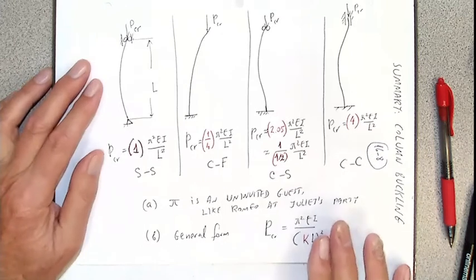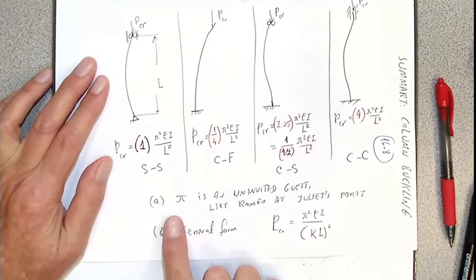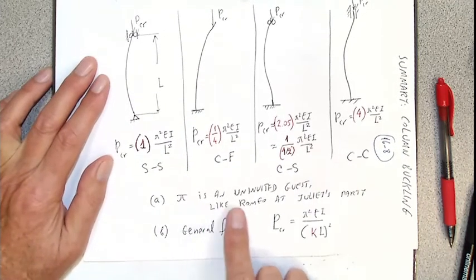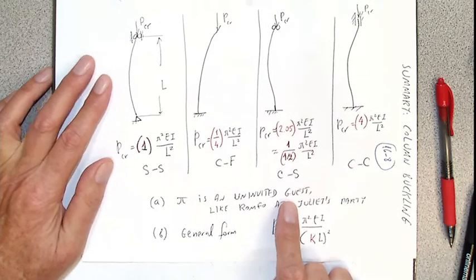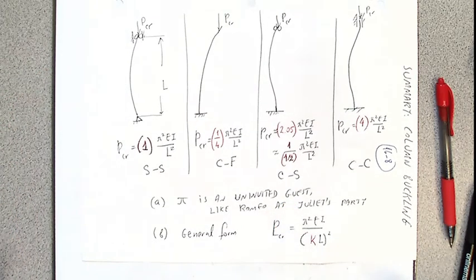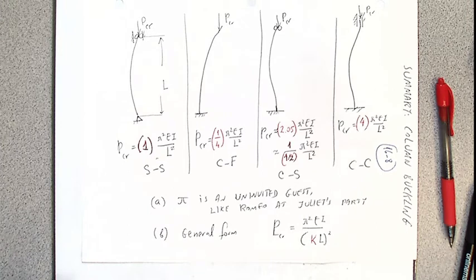Okay, first, one conclusion: pi is an uninvited guest. We did not talk about pi, we don't necessarily have a circular cross-section, but pi appeared in this analysis by itself. If you remember the Romeo and Juliet story, they meet because Romeo comes uninvited to Juliet's party. So pi is an uninvited guest.